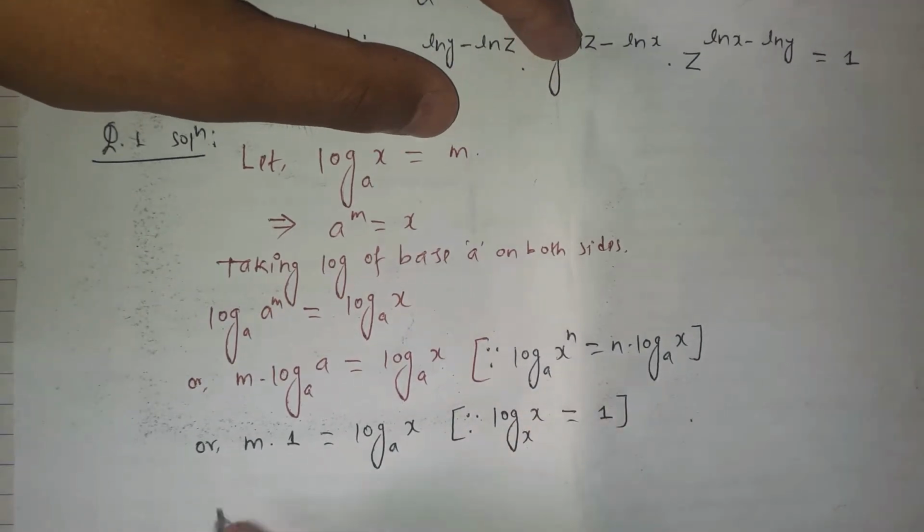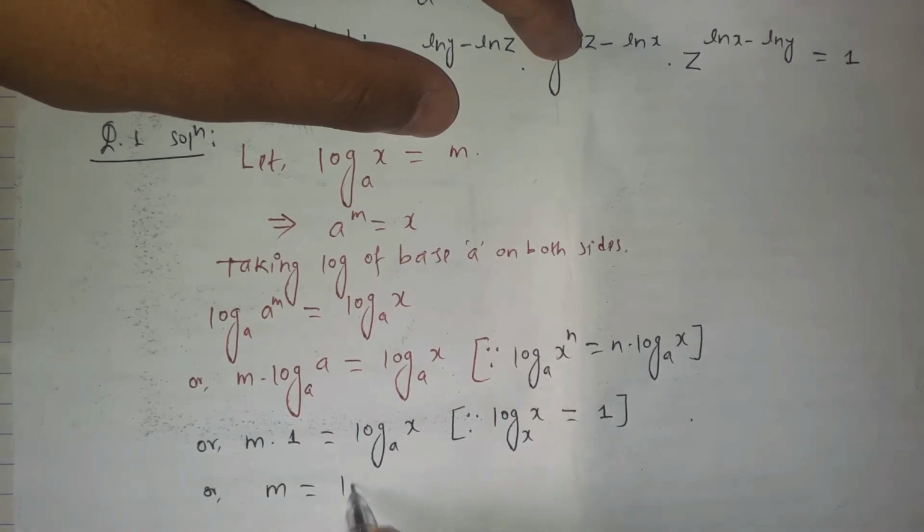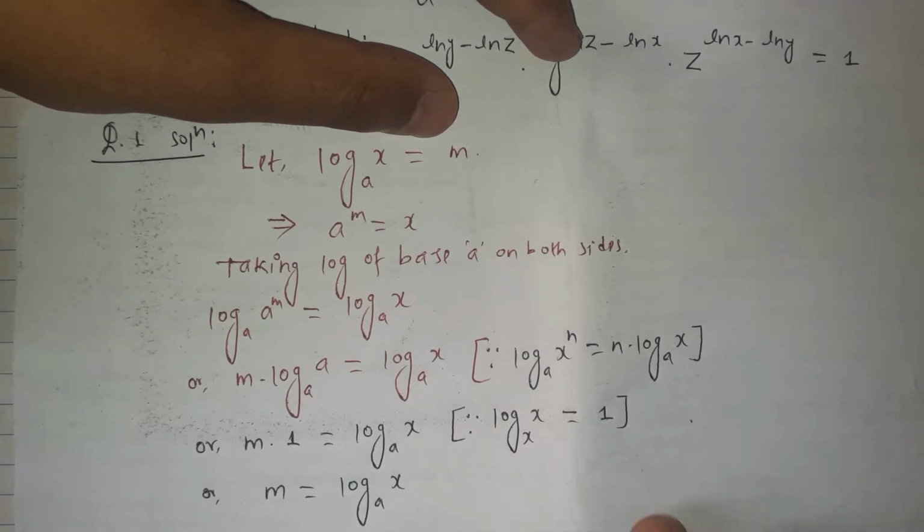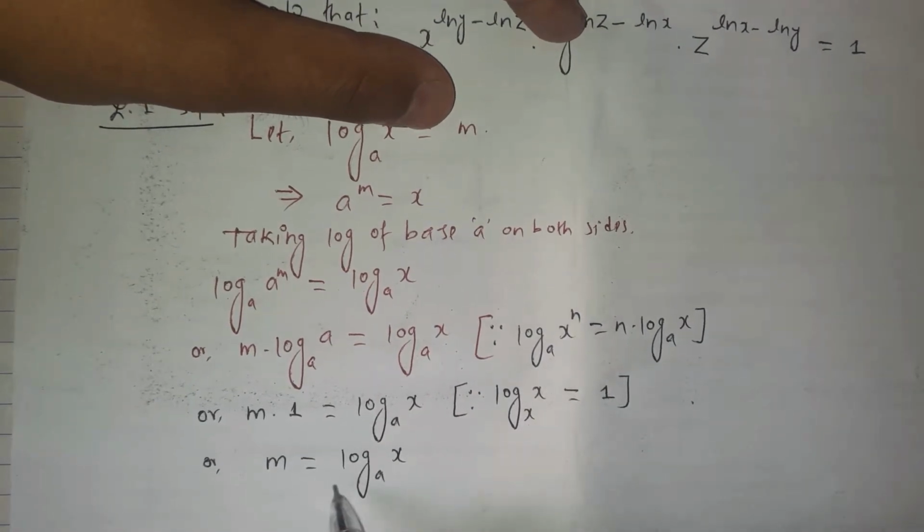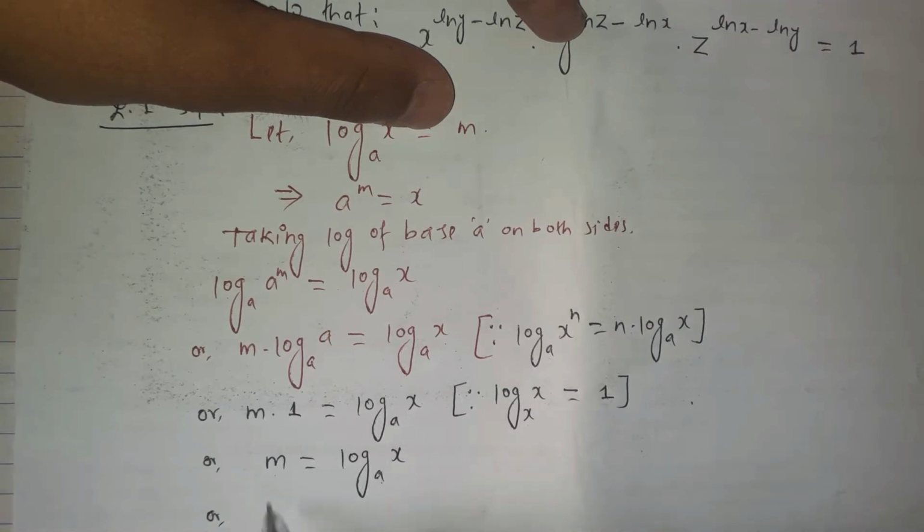Remember this property. This can be further written as m equals log with base a of x. This is in the logarithm form. We can write it in the exponential form. Its equivalent exponential form is a to the power m gives x.